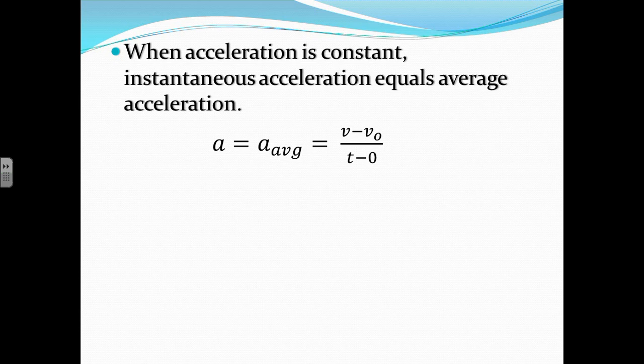Simplifying this equation further and dropping out the average acceleration, we find that acceleration is equal to velocity minus velocity initial divided by time. Solving this equation for velocity gives us the first equation that we have in our reference tables under mechanics, and that is velocity equals velocity initial plus acceleration times time.